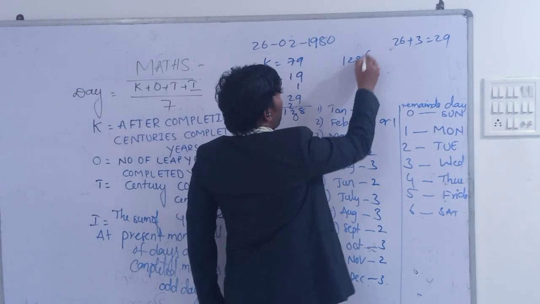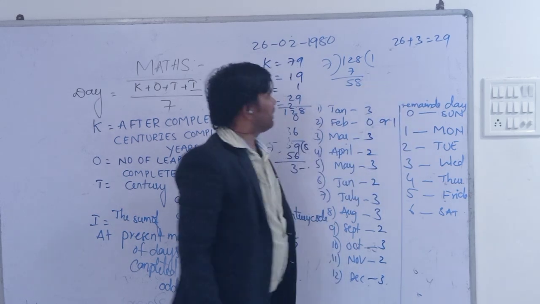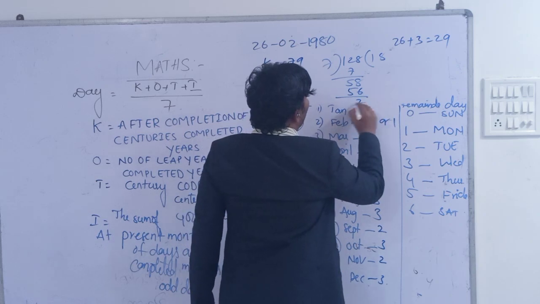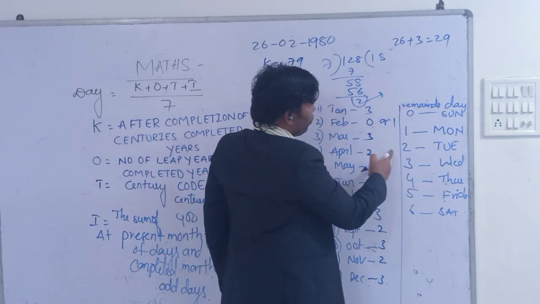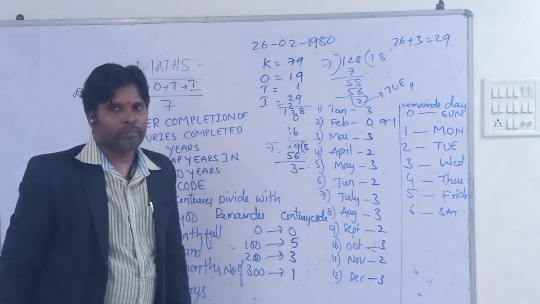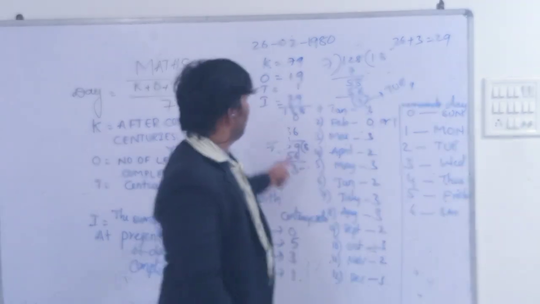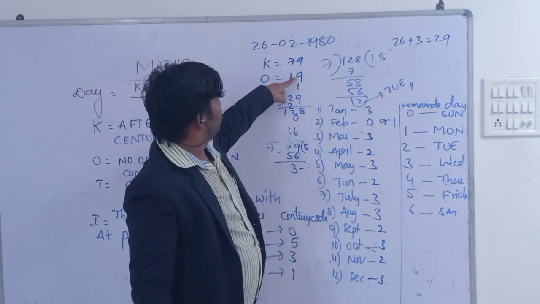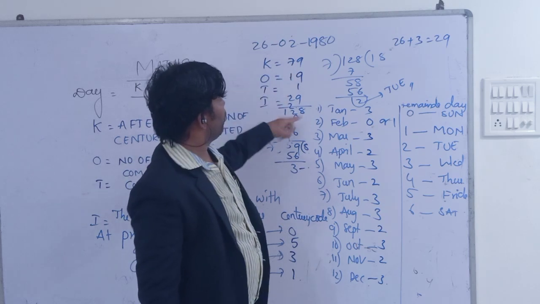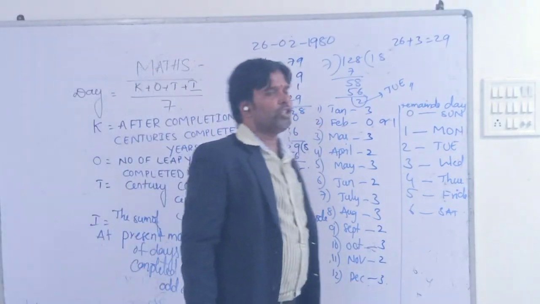You get 128, and divide by 7. 7 1s are 7, 58, 7 8s are 56, and 2 is the remainder. So a remainder of 2 means Tuesday. If you search the calendar, you will get Tuesday only. 128 divided by 7, the remainder 2 is Tuesday.